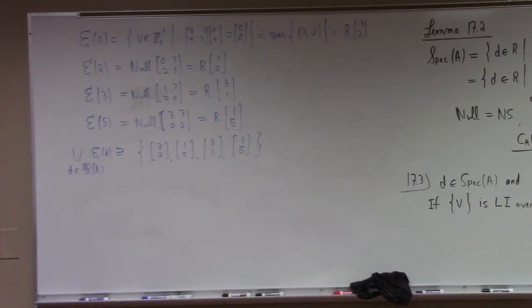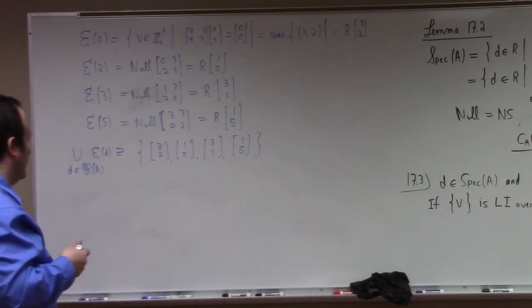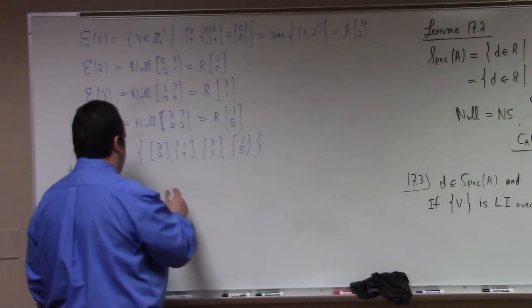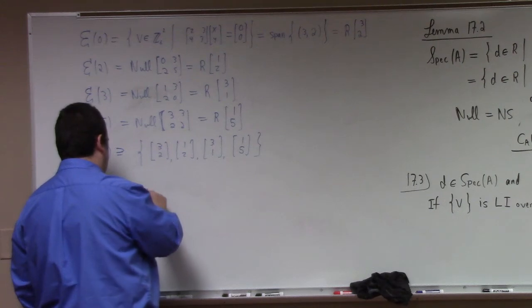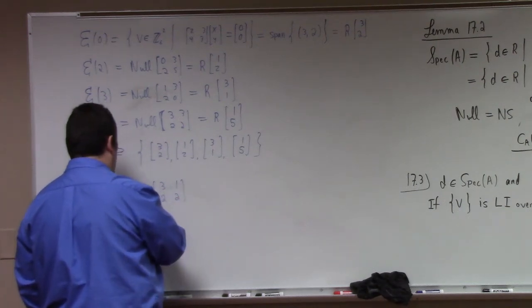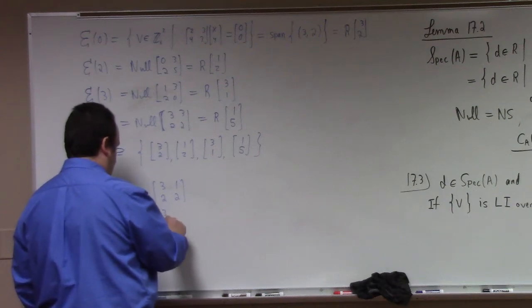To answer that question, can you pick a pair of linearly independent vectors in here? Yeah. Let's see. I guess we should probably check the determinant of different choices.